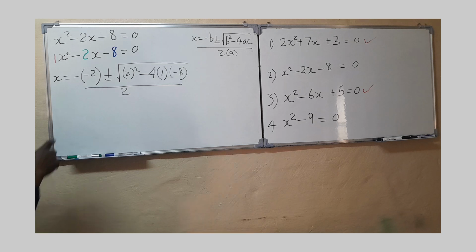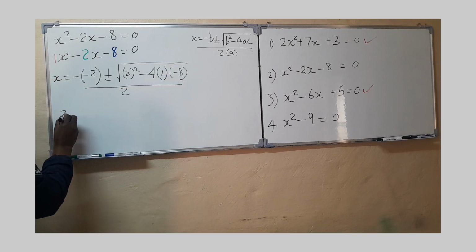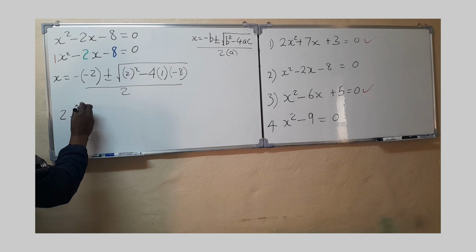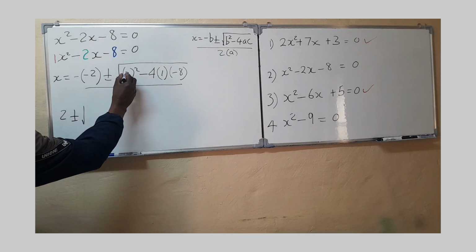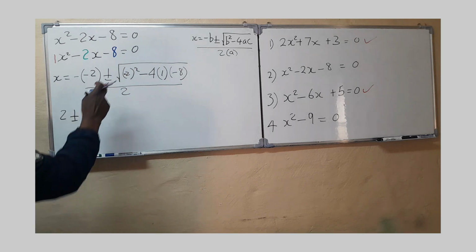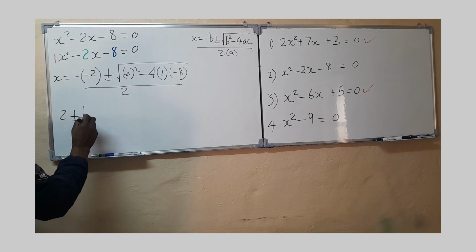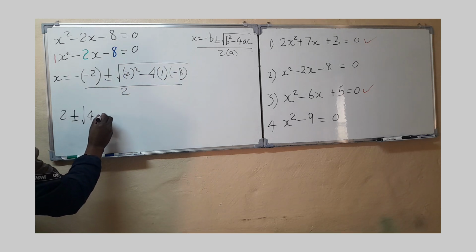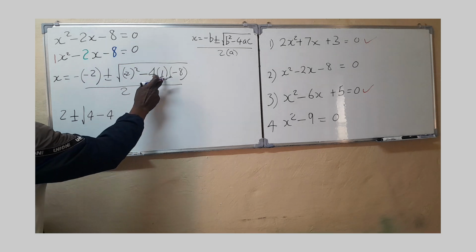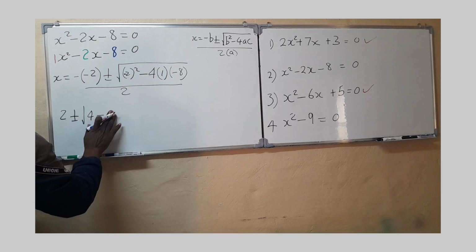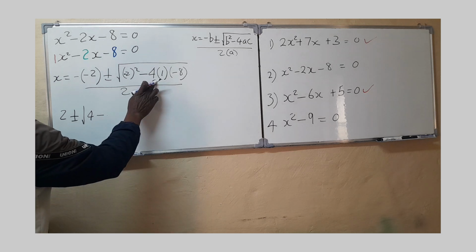Okay, now we can simplify. A minus 2 becomes just a 2, plus or minus the square root. This was a minus there, I'm sorry. So minus 2 times minus 2 is still a 4. Minus there, 4 multiplied by 1 is a 4.